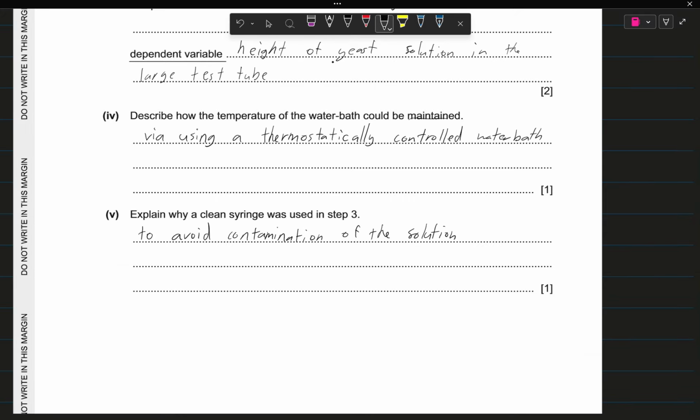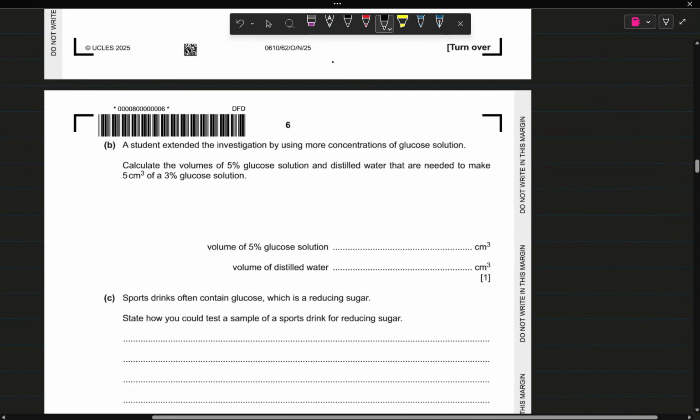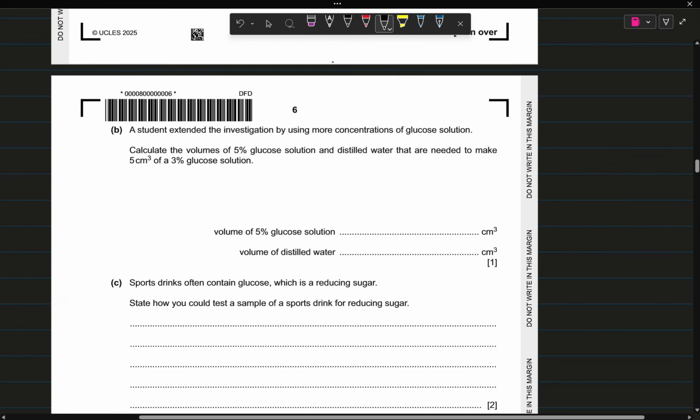Okay, that's good. I'm moving on. For part B, a student extended the investigation by using more concentrations of glucose solution. Calculate the volumes of 5% glucose solution and distilled water that are needed to make 5 centimeter cubed of a 3% glucose solution.